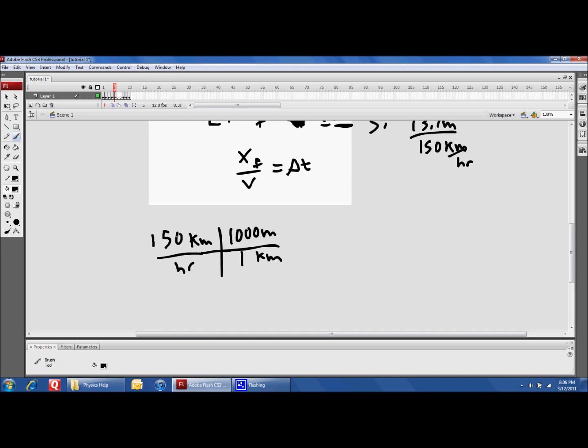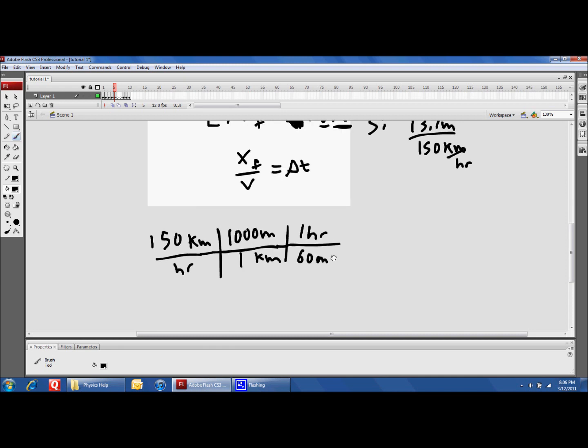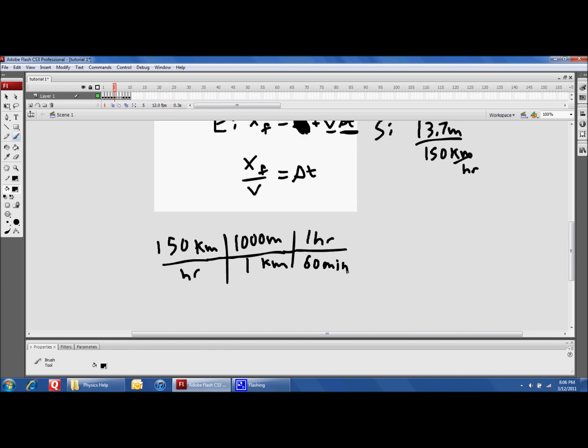So you'd be multiplying 150 times 1,000. And then for every 1 hour there are 60 minutes, and for every 1 minute there are 60 seconds. So if you understand what I did just there, I broke down the hours into seconds by dividing by 60 and then by 60 again.